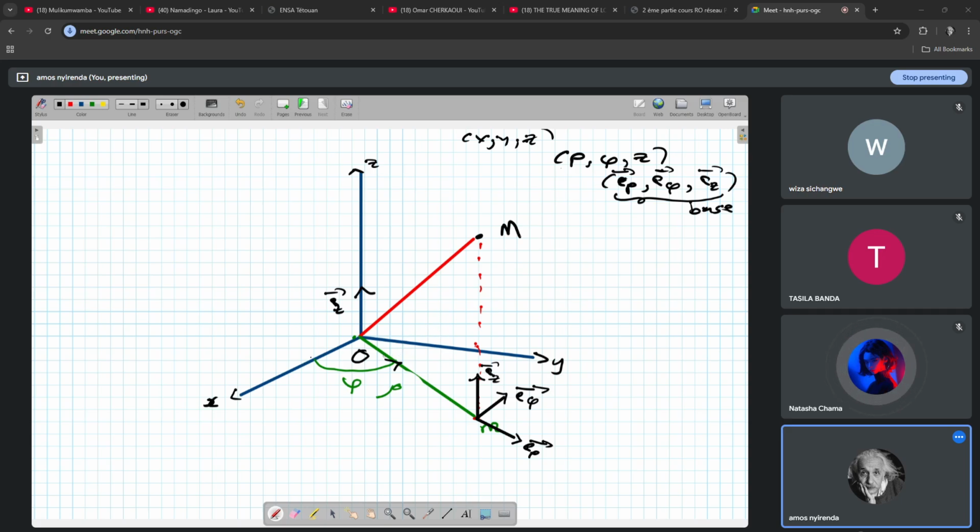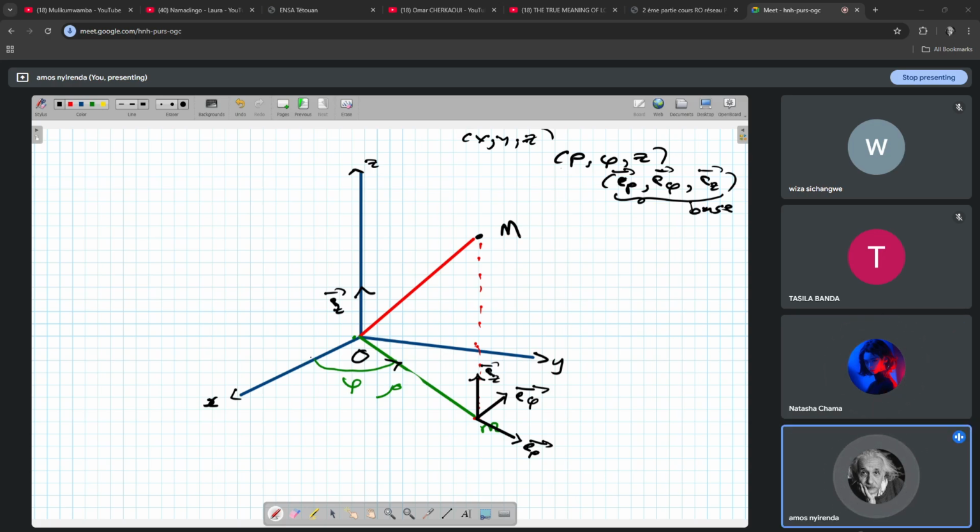I'm not sure I get your question. We have the point M there on top. Yes. Then we have projected M. Yes, we projected M now in the x-y plane.